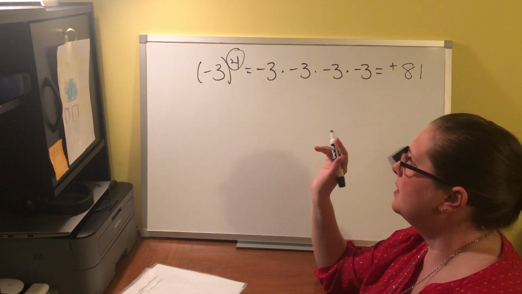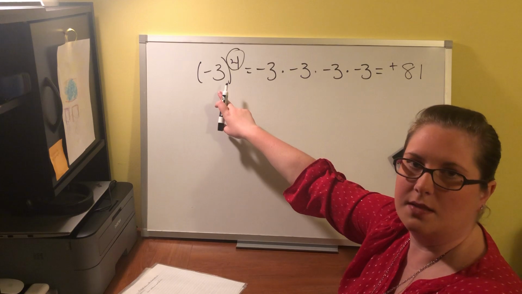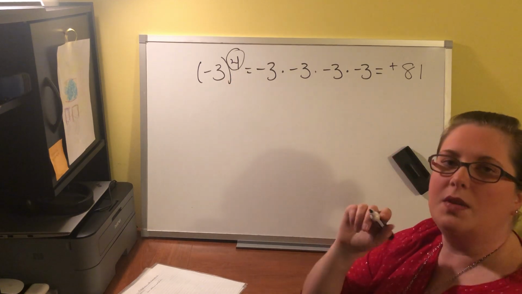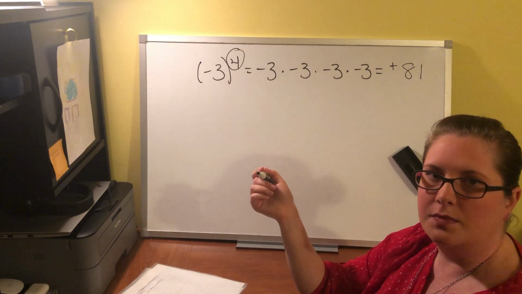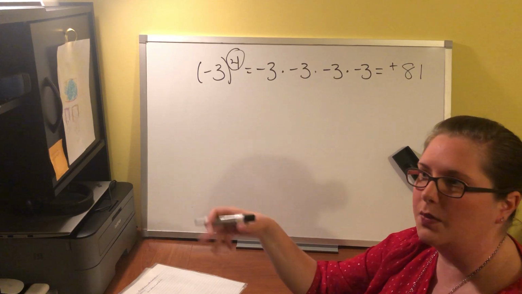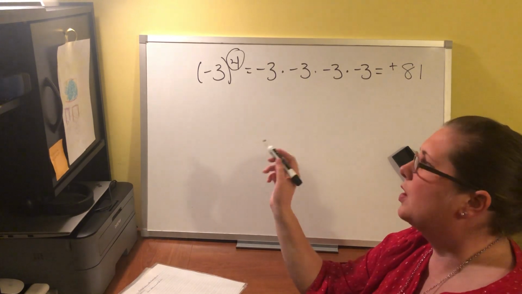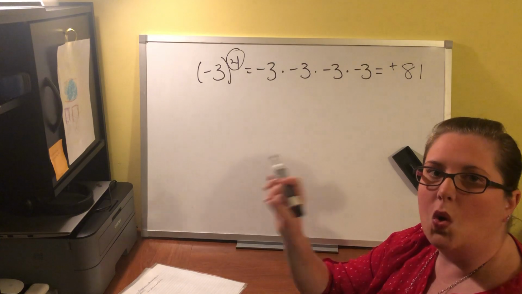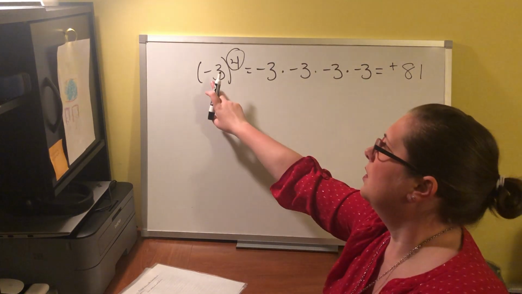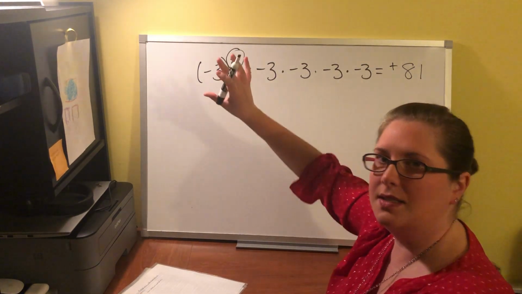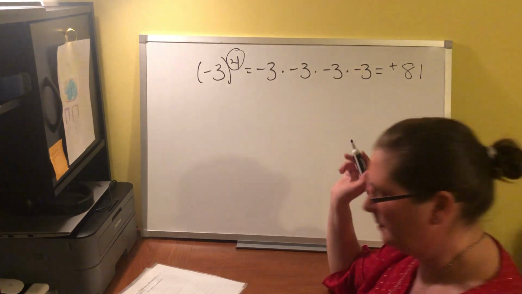If the negative is in the parentheses and your exponent is an odd number, okay? So an odd number like 3, 5, 7, then your answer will be negative. This only works when there's a negative inside that set of parentheses, okay?